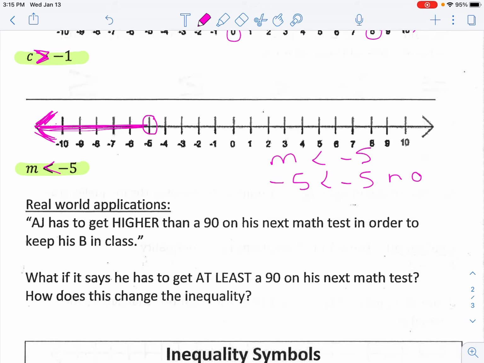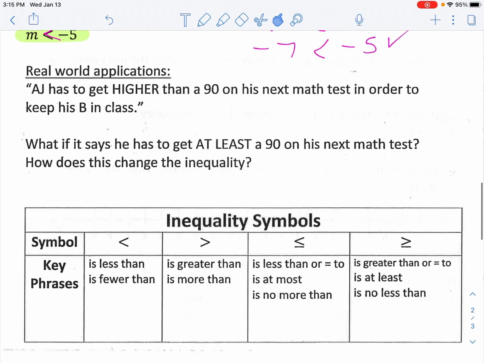That's showing that -5 is not a possible solution for M. But if we look at the numbers to the left of that, let's just pick a number, -7. Is -7 less than -5? Yes. All of the numbers to the left of -5 are possible solutions for M.